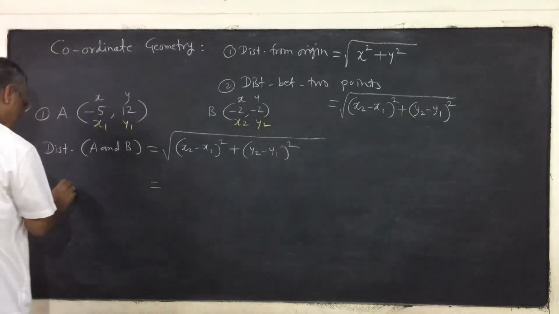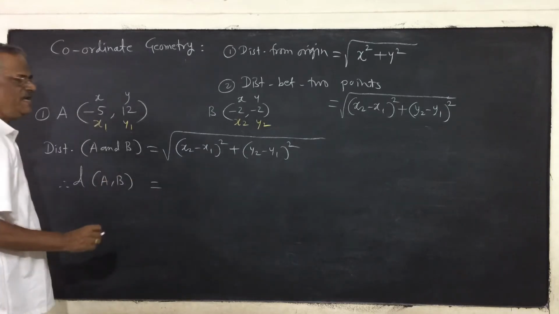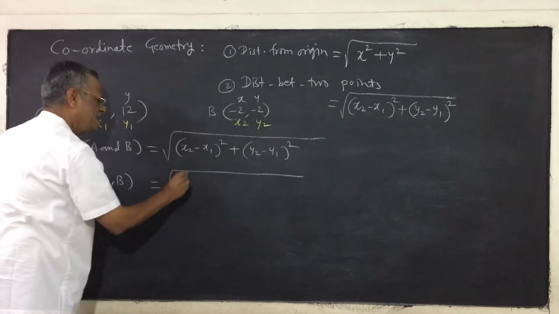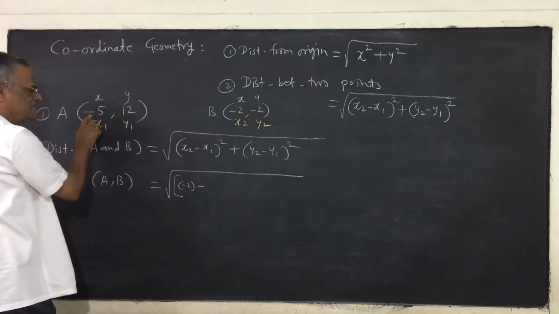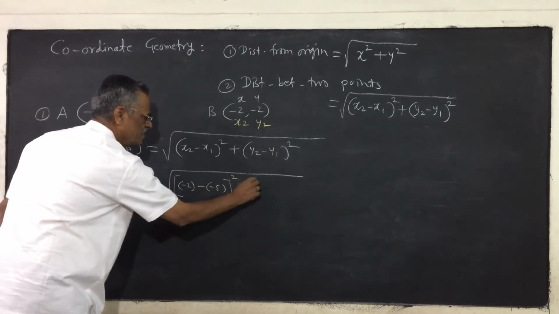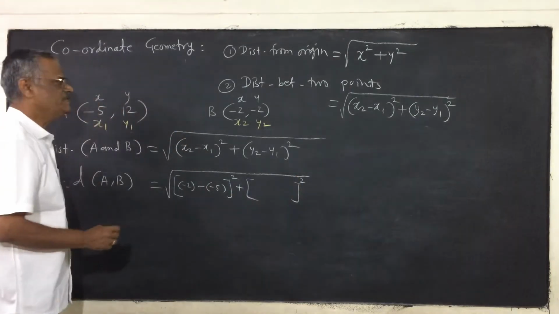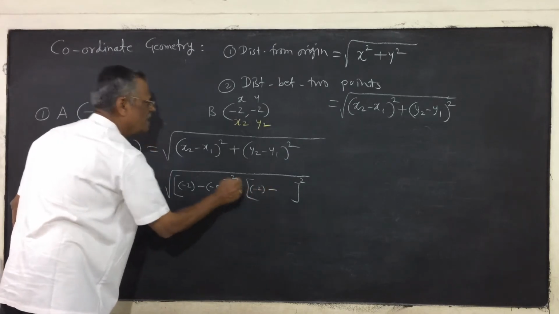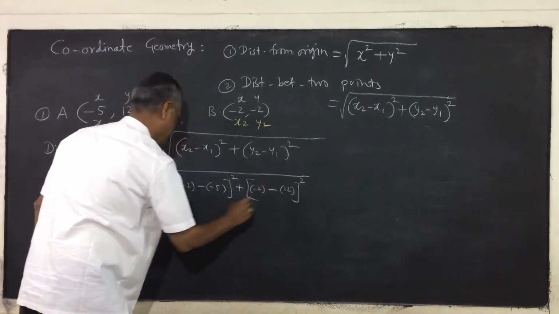Under root x2 minus x1 bracket square plus y2 minus y1 bracket square. Substitute the distance between A and B like this and substitute under root. What is x2 there? It is minus 2 minus 5 bracket square. Similarly, find out y2 minus y1 bracket square. What is y2 there? Minus 2 minus 12 bracket square.